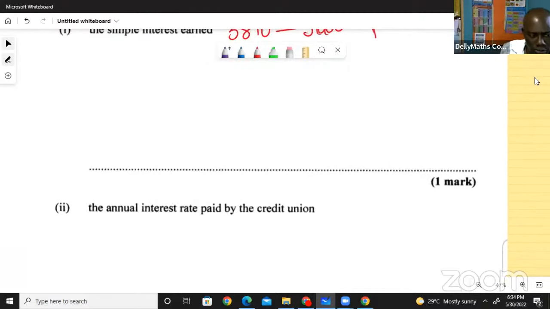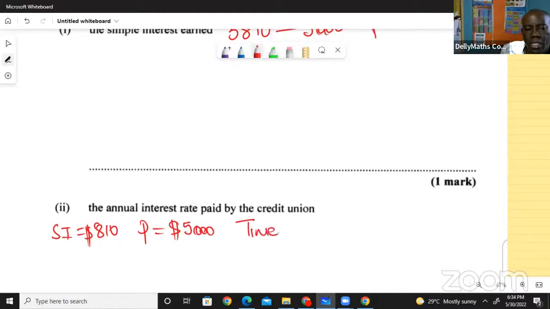Now, let's write down some stuff. I have my simple interest. It is 810. I have my principal, which would have been the money that I invested. It's $5,000. And the time of my investment, T, was actually 3 years.